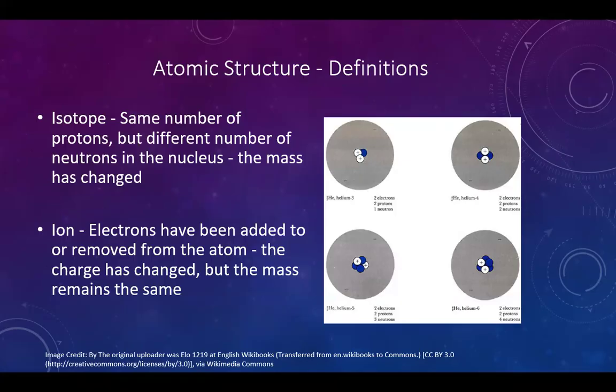So this is helium-3 because 3 things in the nucleus. Helium-4 has 4 things in the nucleus. And then these are very rare, and I'm not even sure if they're stable: helium-5 and helium-6. Helium-5 has 3 neutrons with its 2 protons. Helium-6 has 4 neutrons with its 2 protons. These are getting too many neutrons and probably want to spit some of them out. These 2 are stable. This is the most common.